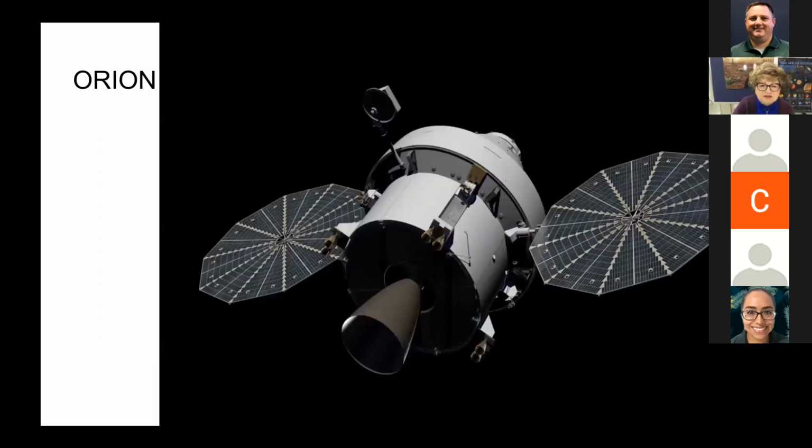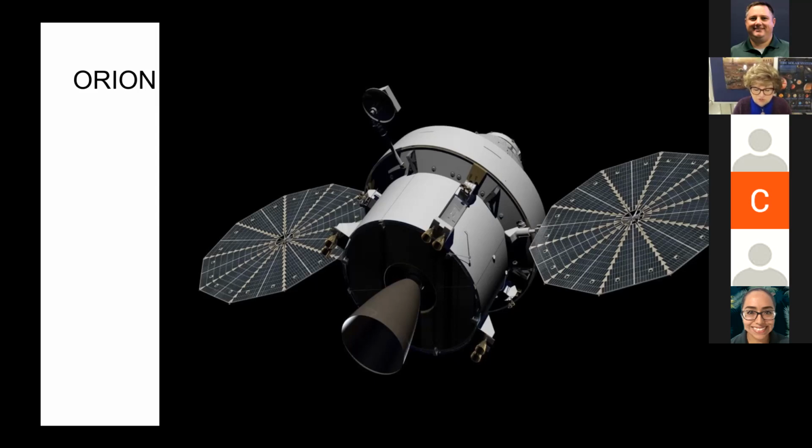And now there's Orion, the one that I showed you the model of earlier. The next time we go to the moon, it's going to have 3 big missions. The first one is to go to the moon without people, and then they're going to go to the moon with 4 astronauts. The program itself is called Artemis, and the module is called Orion.